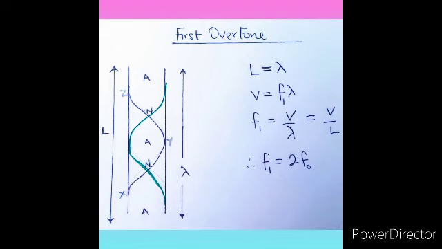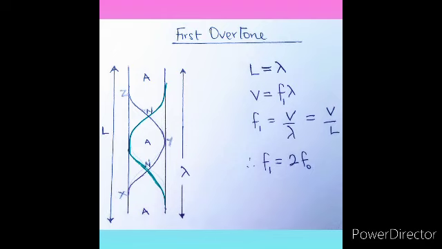So if we bring in the equation of motion of wave, we have V equals F1 lambda. So F1 equals V over lambda, and our lambda is equal to L. So the frequency of the first overtone is equal to V over L. And that is equivalent to 2F0, because our F0, the fundamental frequency, is V over 2L.